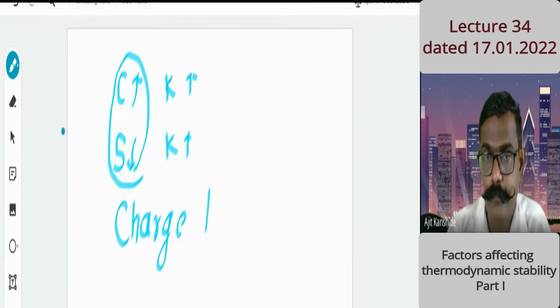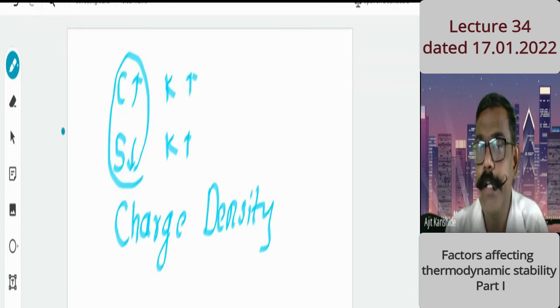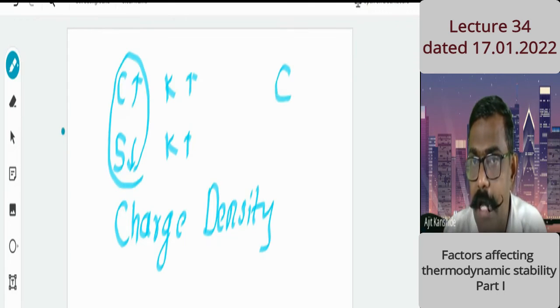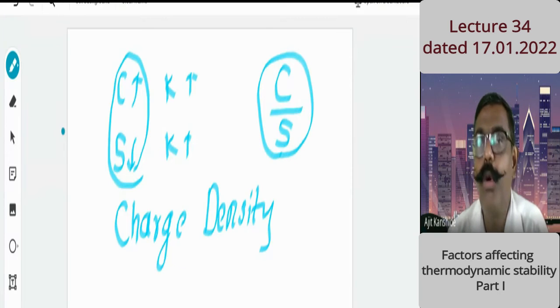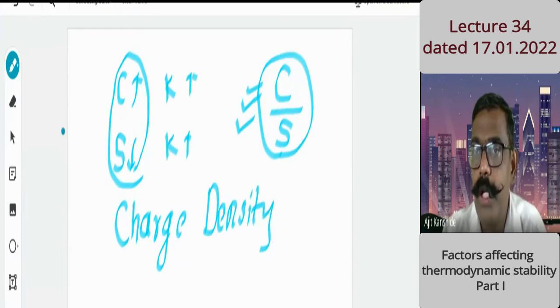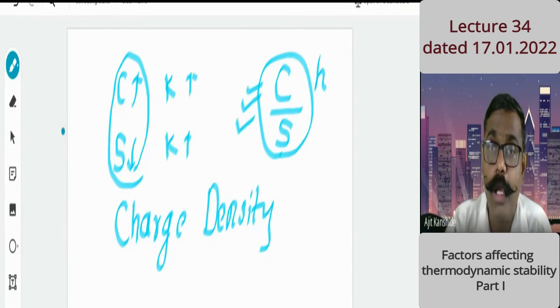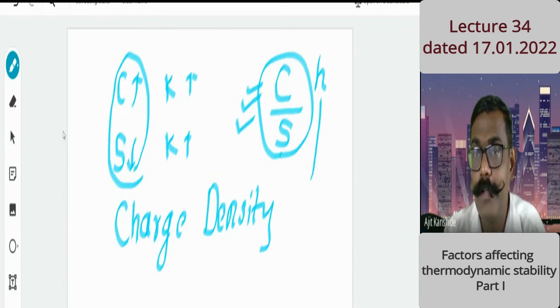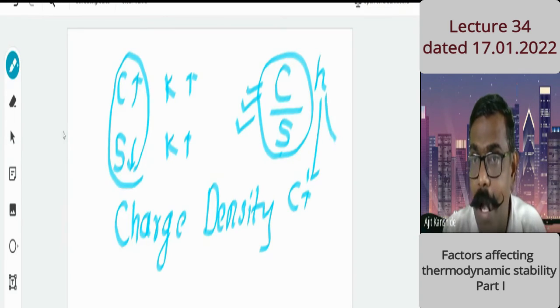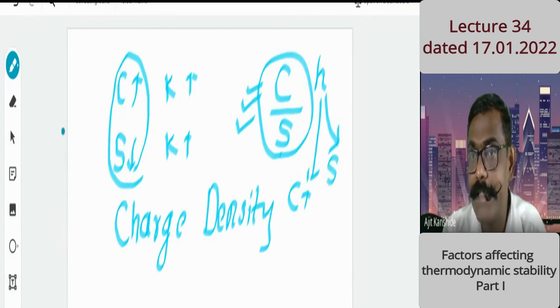What is that charge density? It is a ratio between charge and size. It's a ratio, charge density. The value of this ratio will be high if charge is more, and it will be high if size is less.